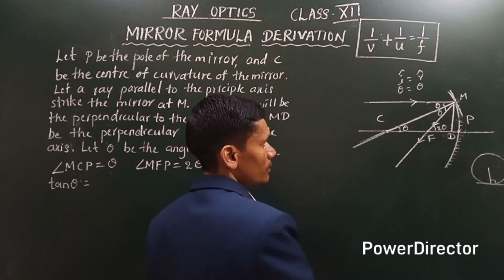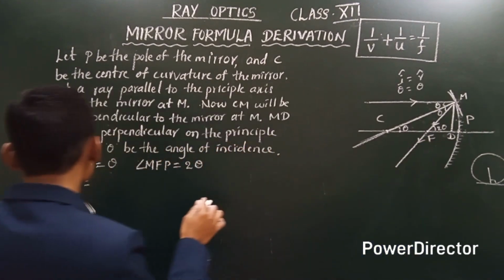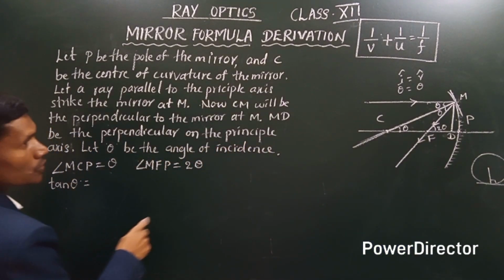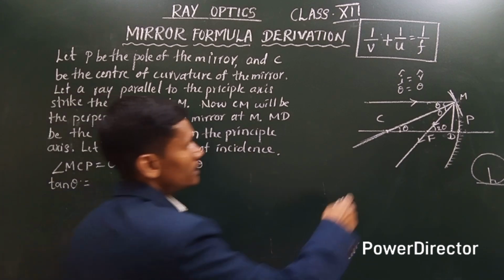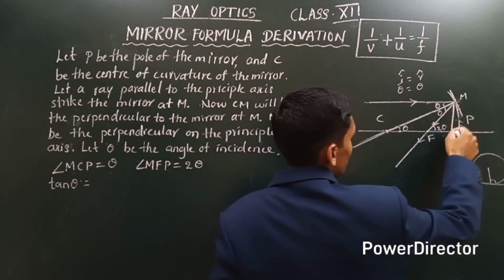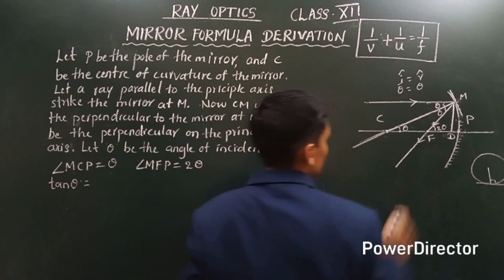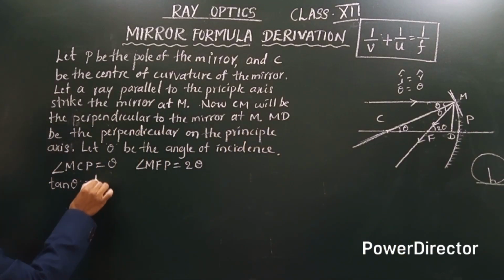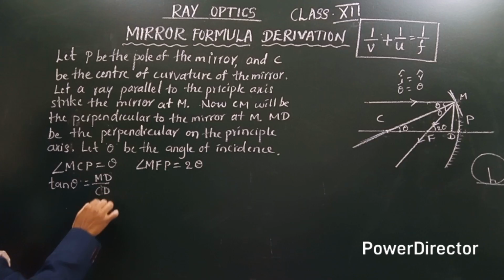Later I am going to explain that one, okay. Now tan theta is equal to opposite by adjacent. Opposite is MD upon CD we can write, right?